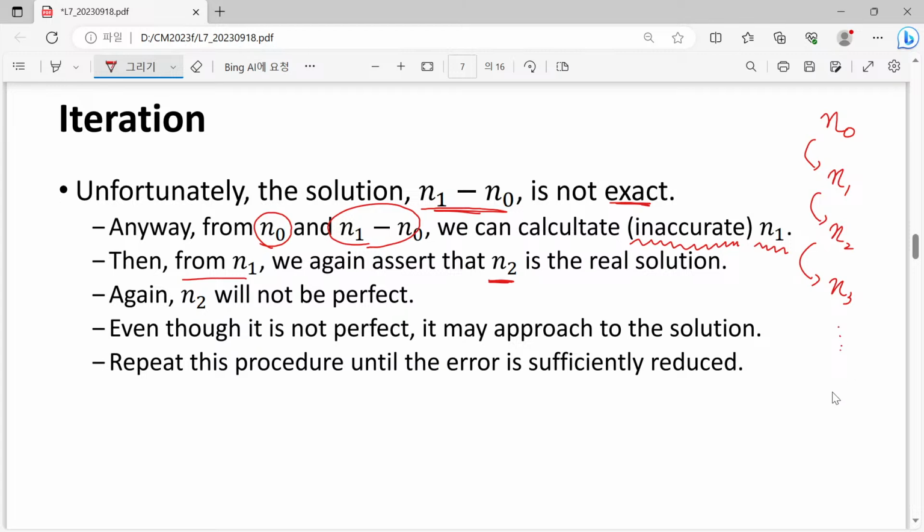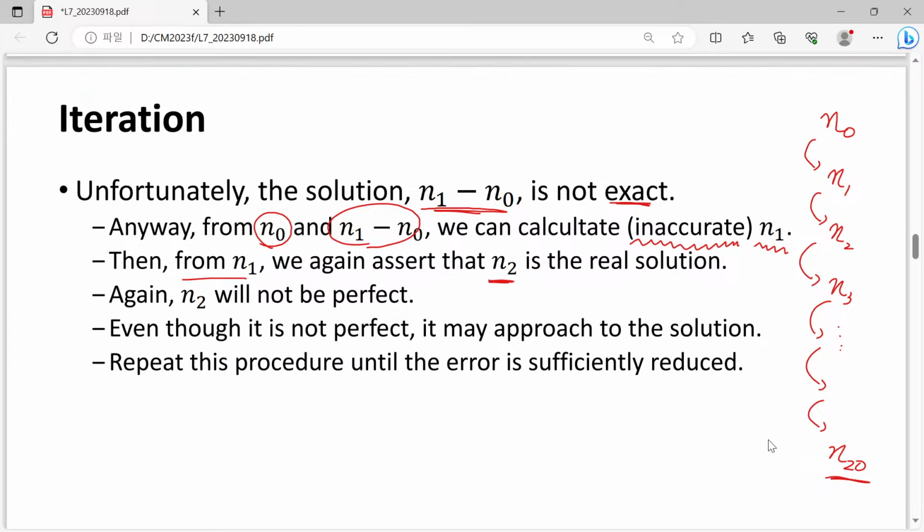If we just take this kind of iterative improvement, then finally, for example, after 20 iterations, maybe that solution will be quite close to the real solution. Of course, there is no guarantee, but that is our hope, and we wanted to do this kind of procedure. So are you all with me?